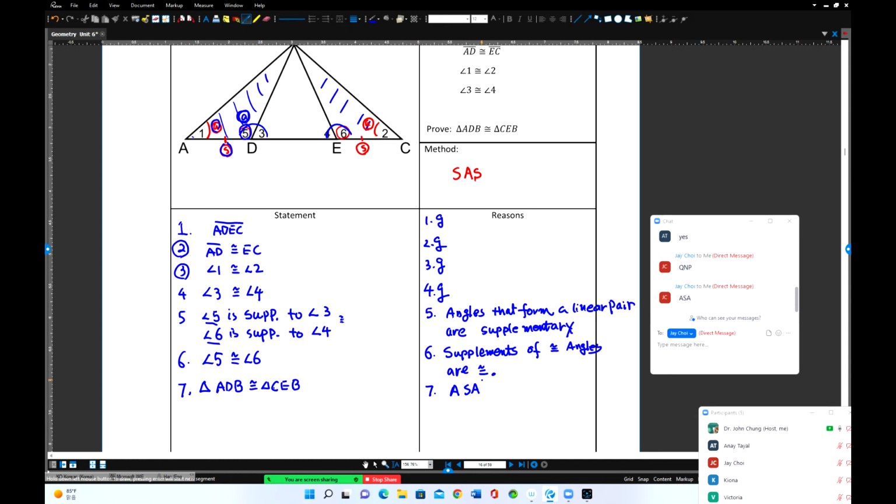So when you have a supplementary angle, you have to follow the steps over here. Remember, and also memorize the reason. Don't change any word. The reason should be exactly like this.